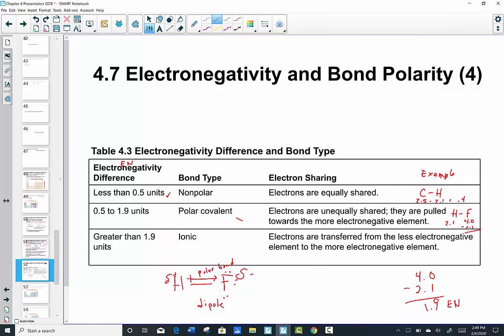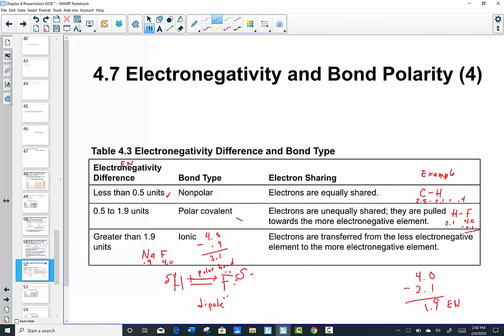And then if we have such a large electronegativity difference that the electrons aren't being shared at all, they're being transferred, we call that an ionic bond. So for example, if I were to have a compound built of sodium fluoride, NaF, sodium with its electronegativity value of 0.9 and fluorine with 4.0, when I subtract 4.0 minus 0.9, we get 3.1.